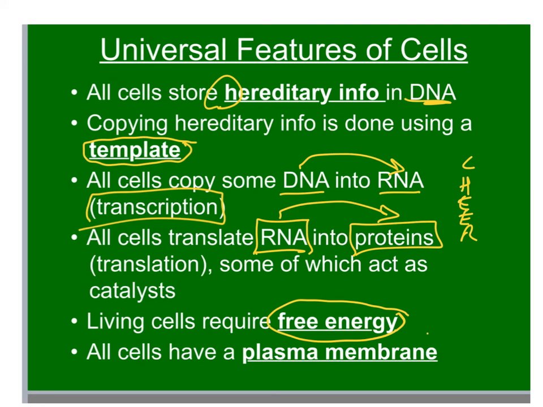They all have cells, and every cell has a plasma membrane. So we have cells, heritable material, free energy. This one doesn't talk about evolution, but evolution is the one I forget about every time. And reproduction. So part of reproduction is inheriting the DNA.